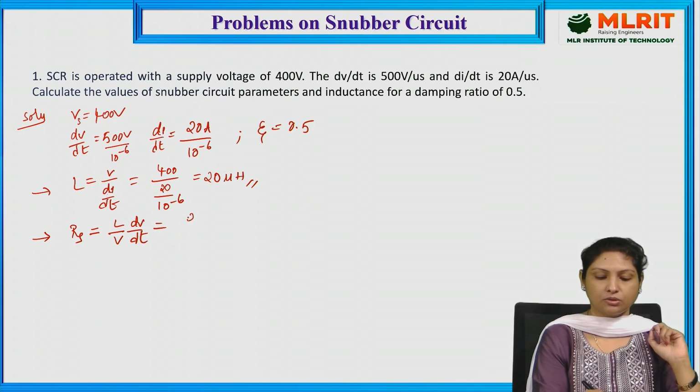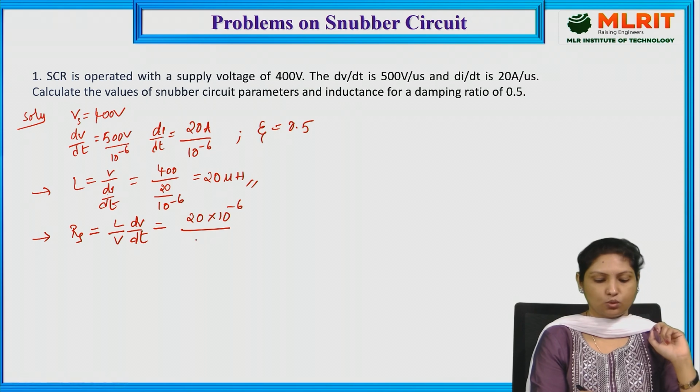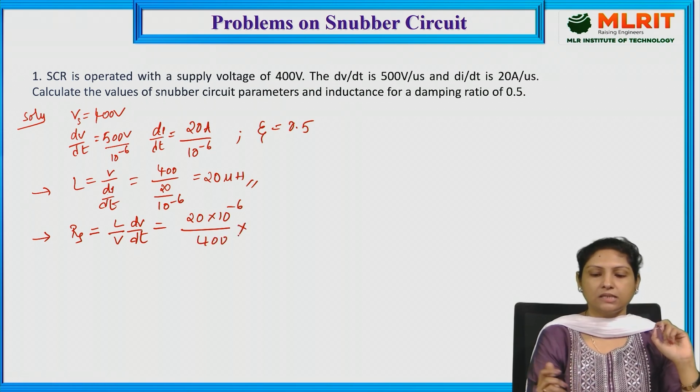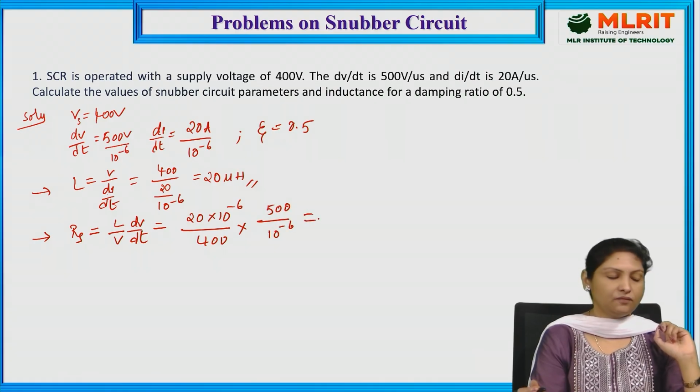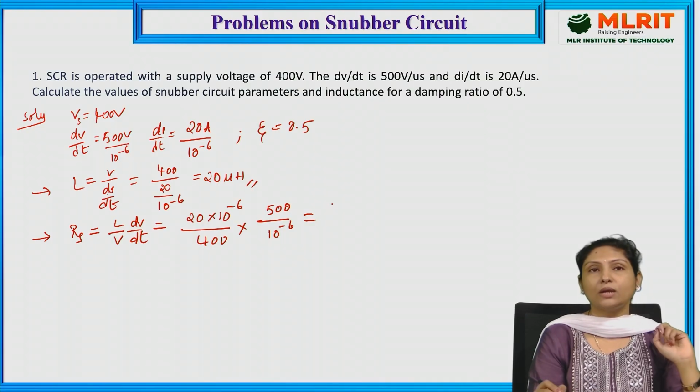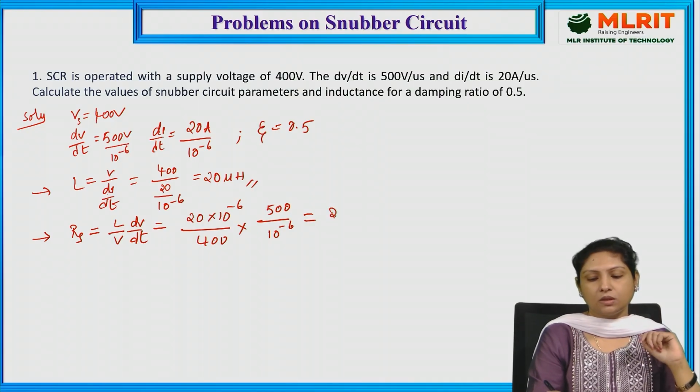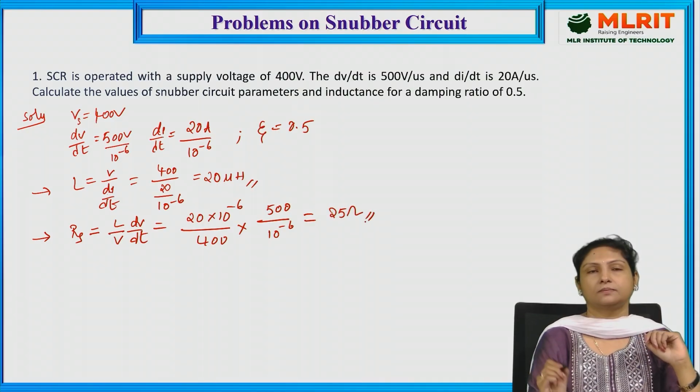Let me substitute this: 20 into 10 to the power of minus 6, where the voltage is given as 400 volts, multiplied by dV by dt, given as 500 per microsecond. If we resolve this, we get the value of the resistance as 25 ohms.